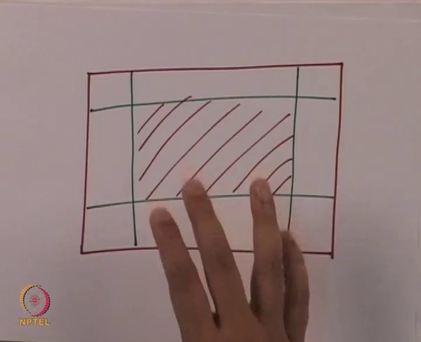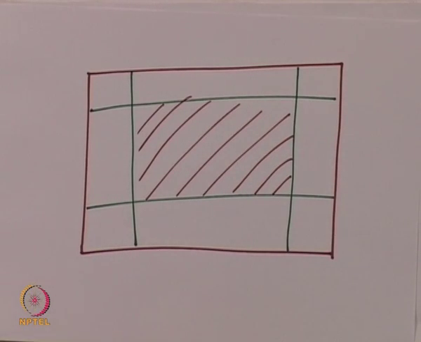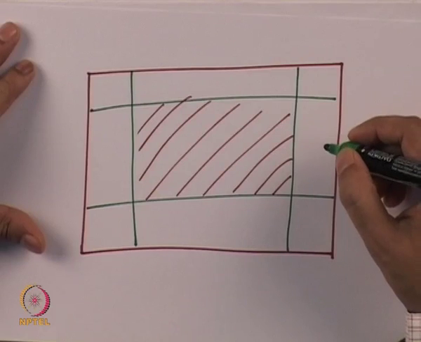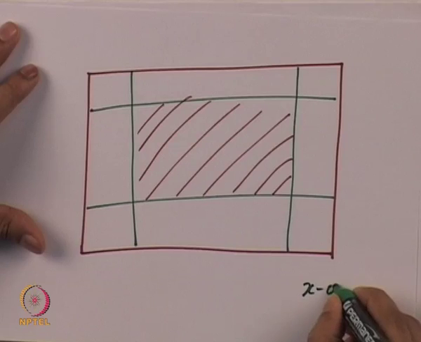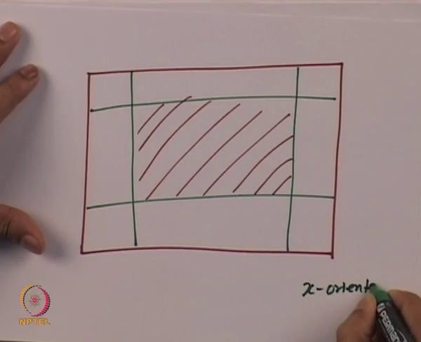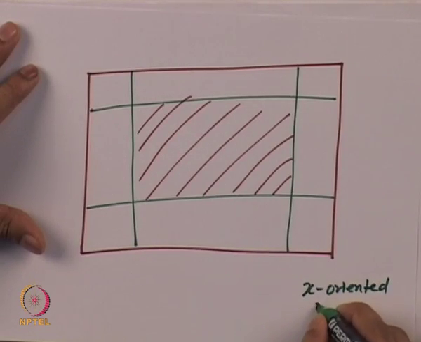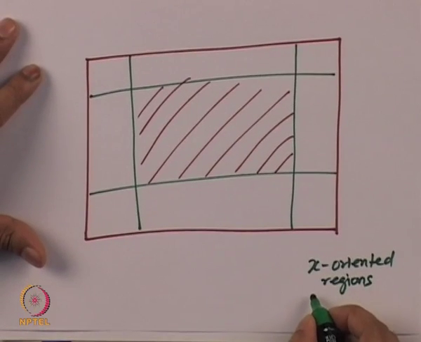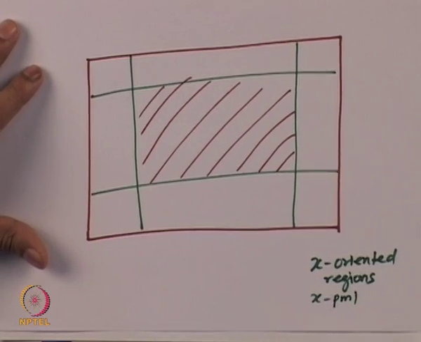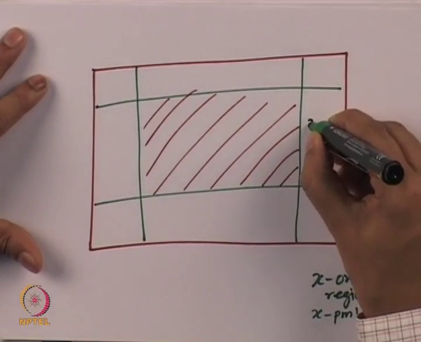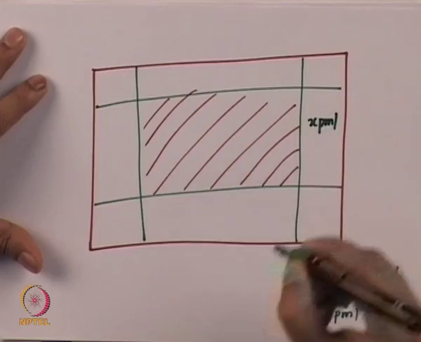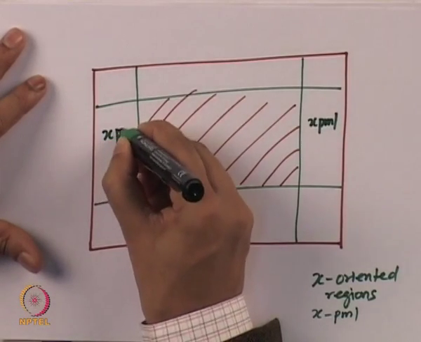but let's look into the PML itself now. So this is going to be the domain, and what you can see is there are going to be several regions. The first region is the X oriented regions. They will be called X PMLs. Similarly, there is going to be Y PML. So this is an X PML, this is an X PML.